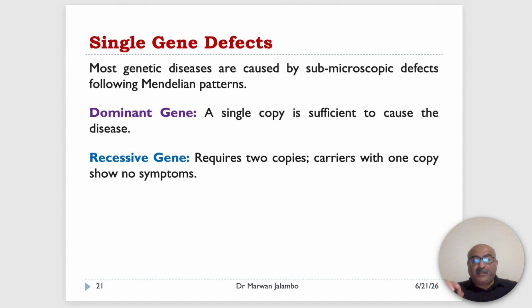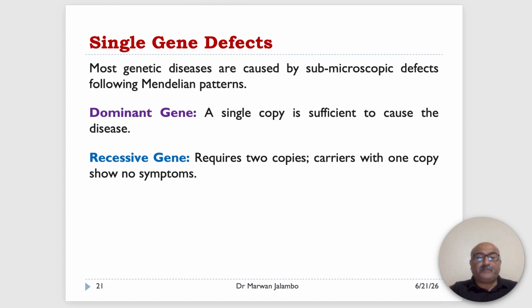If the defective gene is dominant, inheriting just one copy is enough to cause disease. If the defective gene is recessive, it requires two copies, one from each parent, to express the disease. Those with only one recessive copy are healthy carriers.